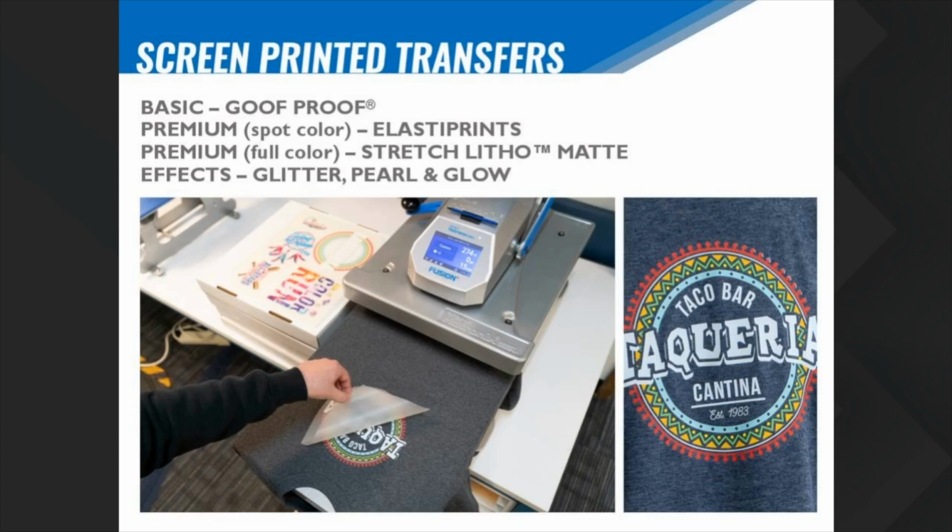Sometimes that's still just a little too hot for those performance polyesters. They really like nothing more than about 280 degrees or so. That's where ElastiPrints really shines because it can apply as low as 275.